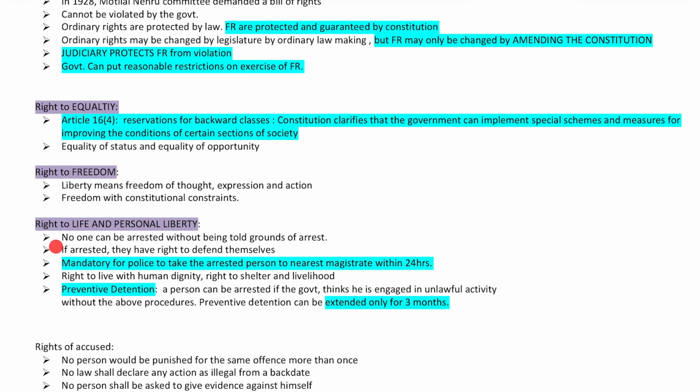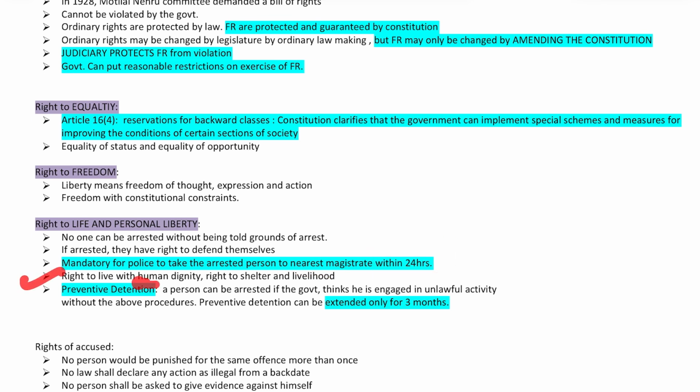So no one can be arrested without being told the grounds of arrest. So you must be told the grounds of arrest if you are being arrested. If arrested, they have the right to defend themselves. It is mandatory for police to take the arrested person to the nearest magistrate within 24 hours.